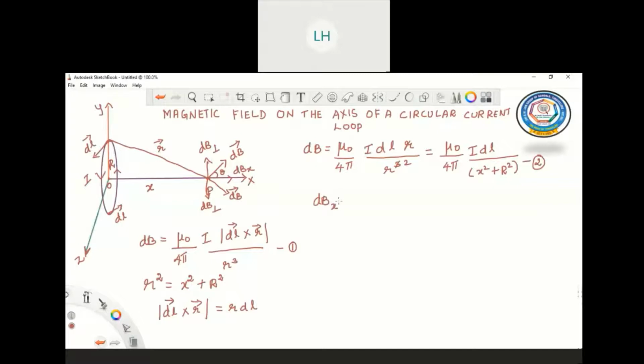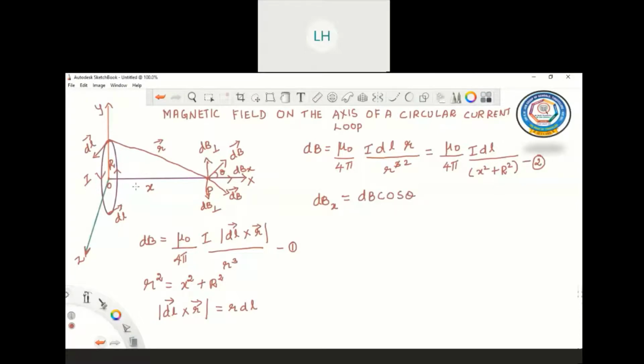Okay, so dBx is equal to, okay, so this angle. So actually you can also take it like this. You can consider this x component will be dB cos theta and this y component or perpendicular component will be dB sin theta. So this dB sin theta and dB sin theta get cancelled, children. You have only dB cos theta alone. So dBx is equal to dB cos theta. Okay.